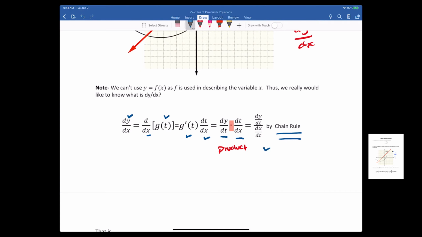What you end up with is the definition of our derivative. So we have that dy dx becomes really dy dt over dx dt.